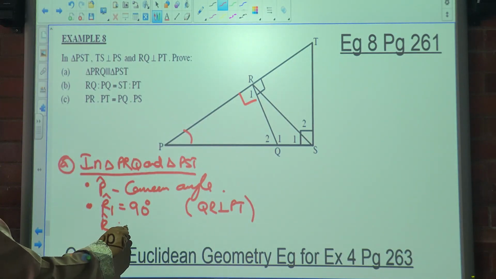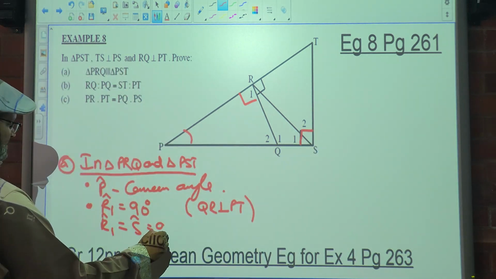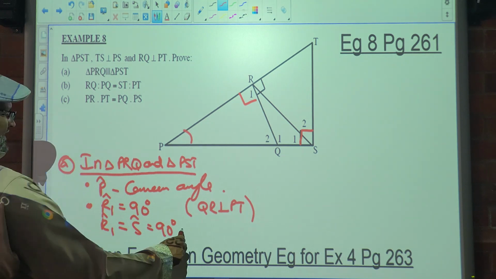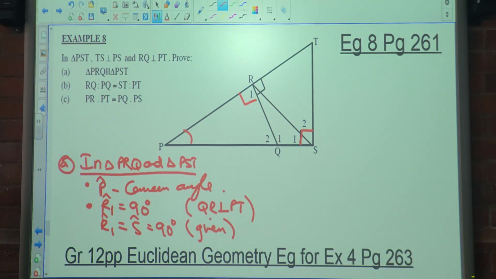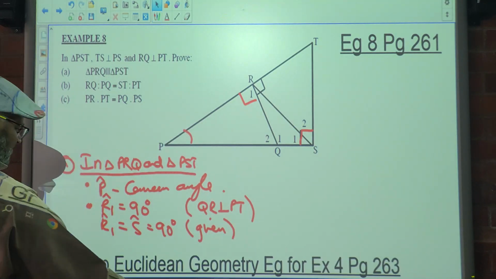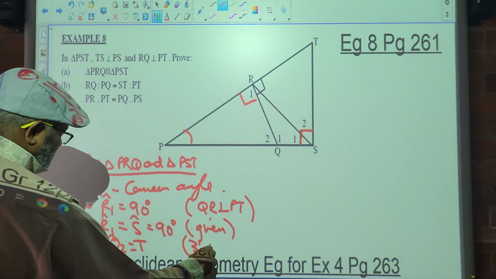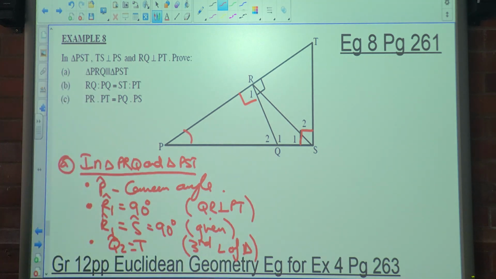So R1 is equal to angle S, which is equal to 90 degrees. It was given 90, not so. And then on the third case, what can we say? We can say that Q2 has to be equal to angle T. Why? It's the third angle of a triangle.